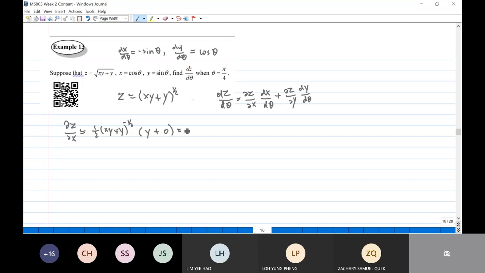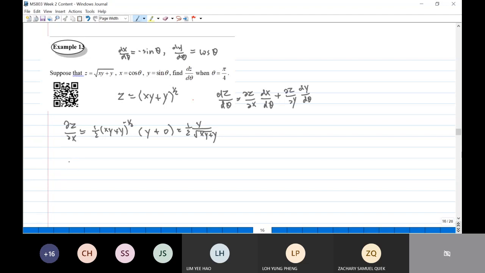So this is actually half of y over the square root of xy plus y.